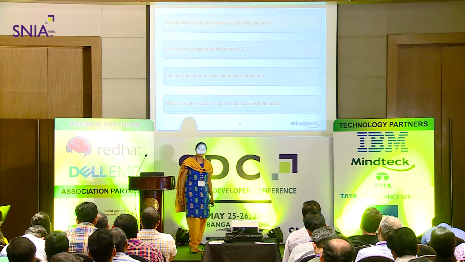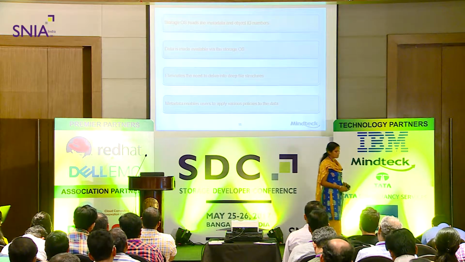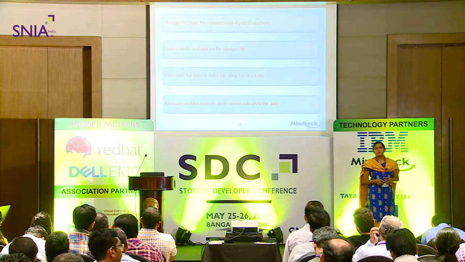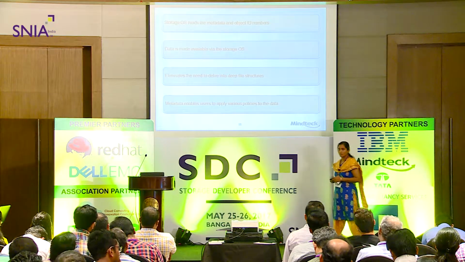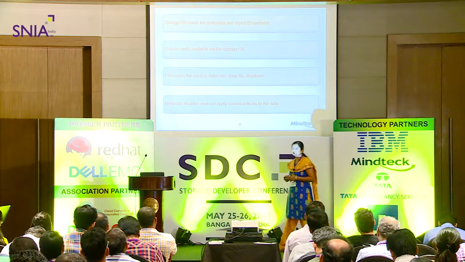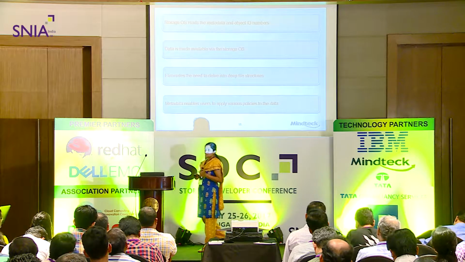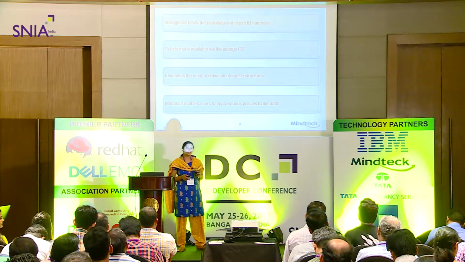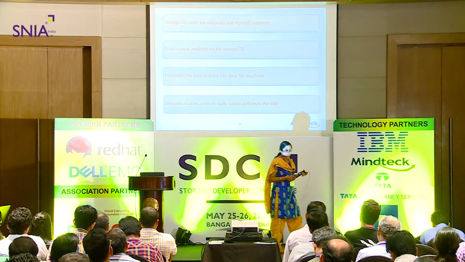So how is data actually retrieved? Let us see how the data is retrieved. Any storage OS reads the metadata, and it has the unique identifier as well. Using the unique identifier, it will search and then give the object to the storage OS.